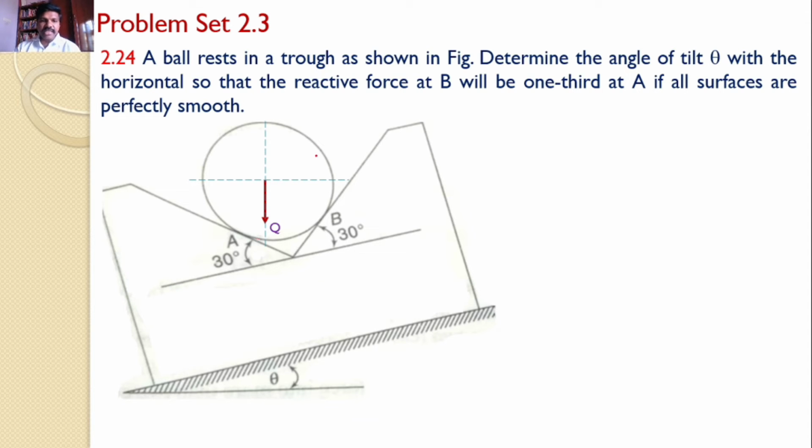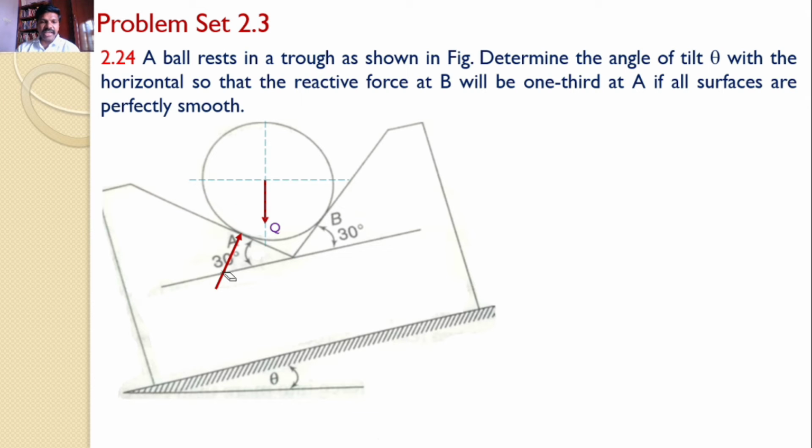Next, since the ball rests on the trough and it is supported at points A and B, reaction force will develop at points A and B. Let the reaction force at A be RA. Now according to that concept, the reaction force at A is perpendicular to this surface and it is towards the body.